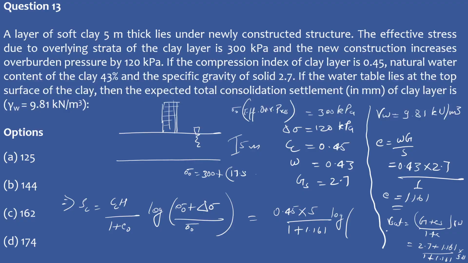So this will be your 17.52 minus 9.81 into 2.5.